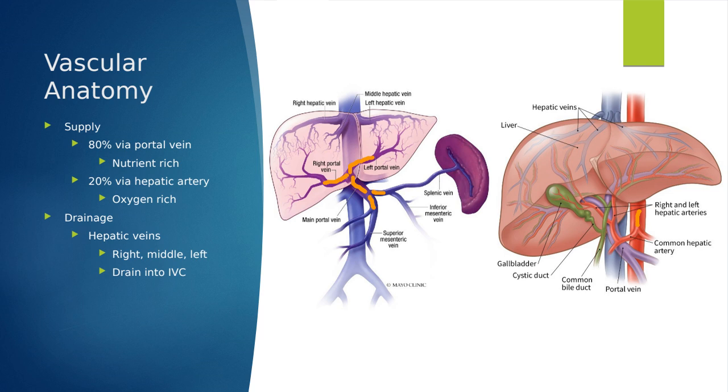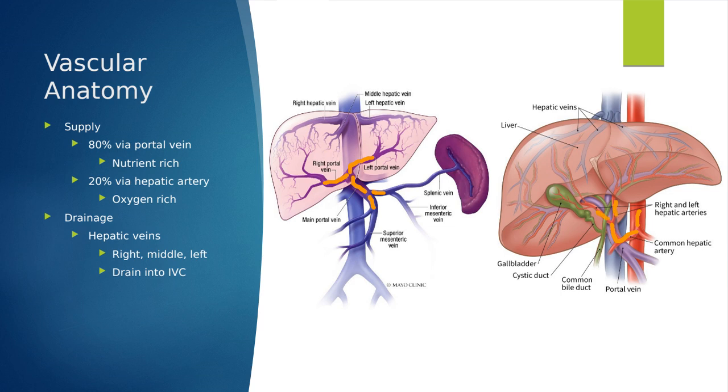Our celiac axis has a bunch of branches that come off it, but the one that we care about right now is our common hepatic artery. Our common hepatic artery is going to have some branches that also come off it, but the main direction of this common hepatic artery is into that liver. And then from there, it will split into left hepatic artery or right hepatic artery.